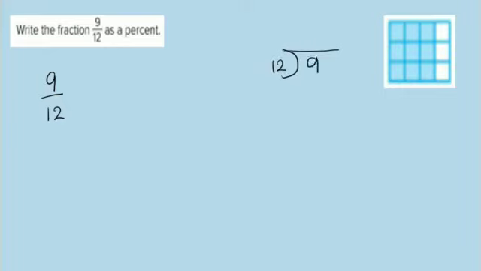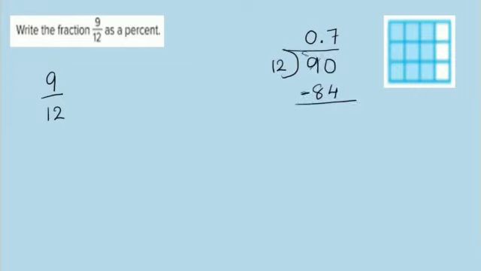We cannot divide 9 by 12, so we need to make the number bigger by annexing a 0 and placing a decimal point in the quotient. 12 times 7 gives you 84. Let's subtract 90 minus 84.